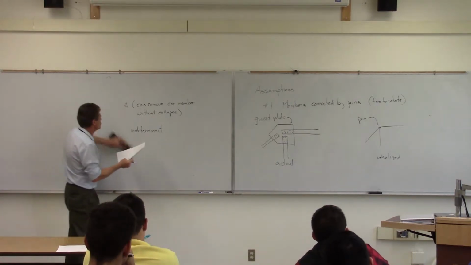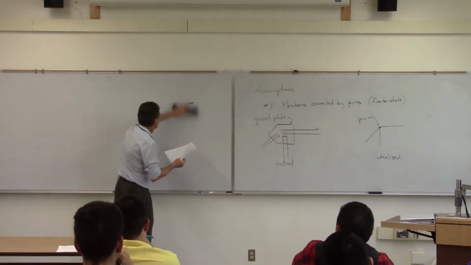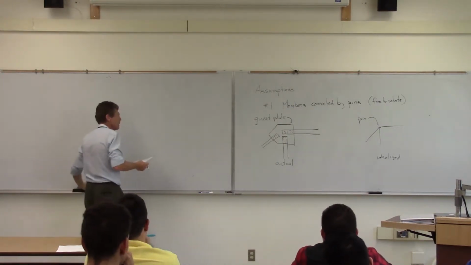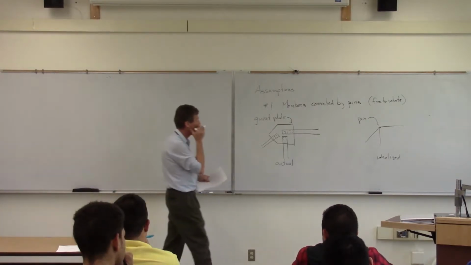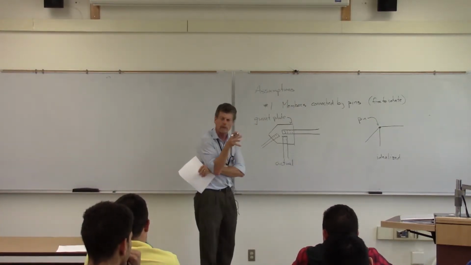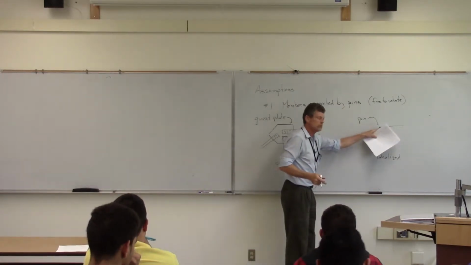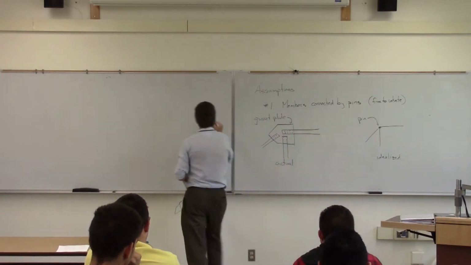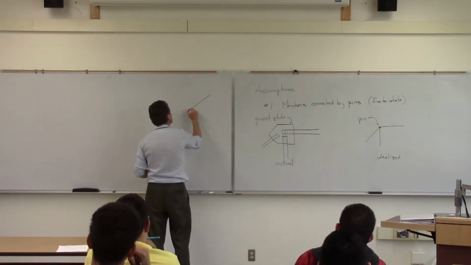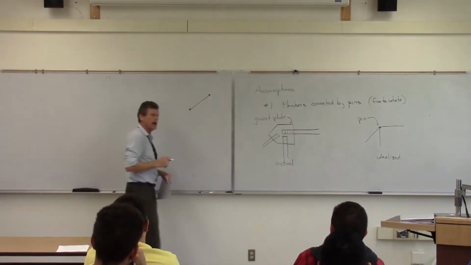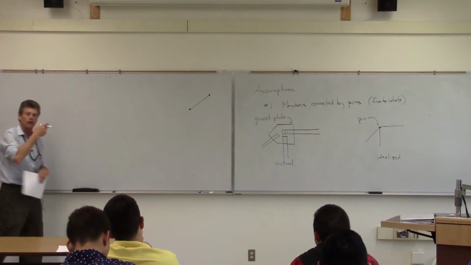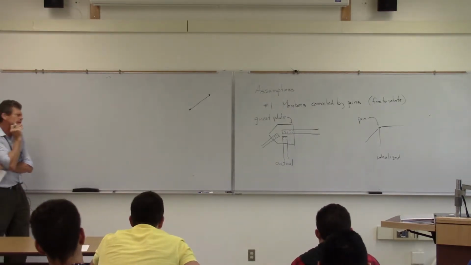Okay, now as a result of that, we said that the members are connected at their ends. We've assumed now the ends are pins. So we've got a member that looks like that, and that's how it's connected to anything else, right? What does that look like?